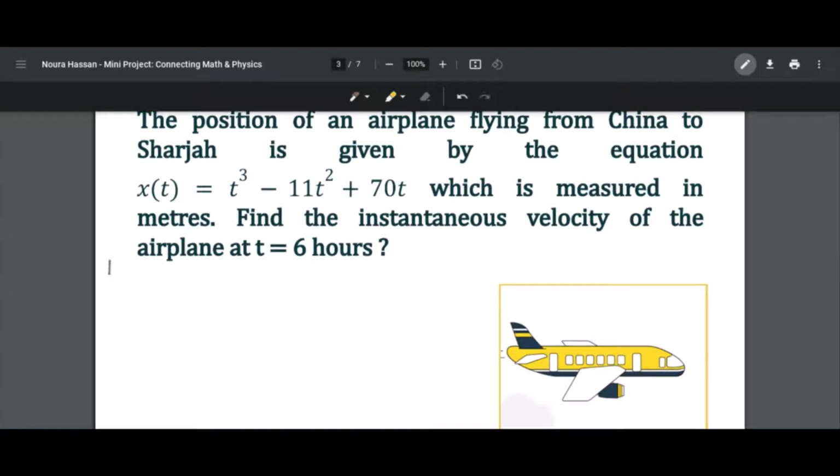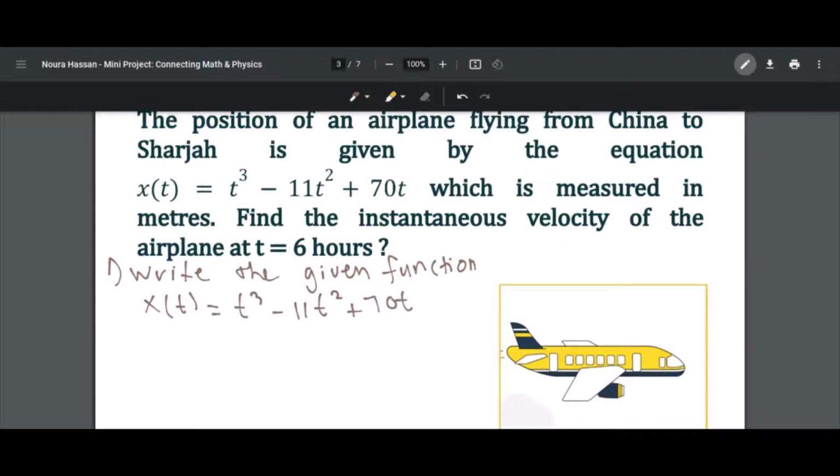Step 1 is to write the given function to be x of t, and that will equal t cubed minus 11t squared plus 70t.